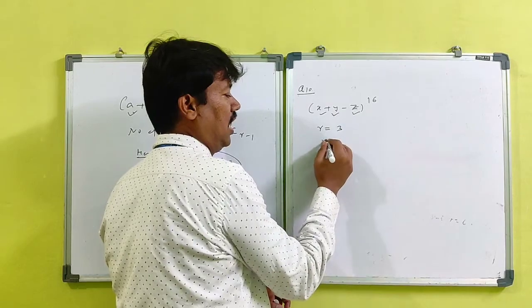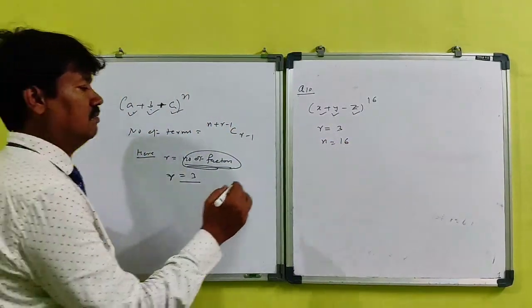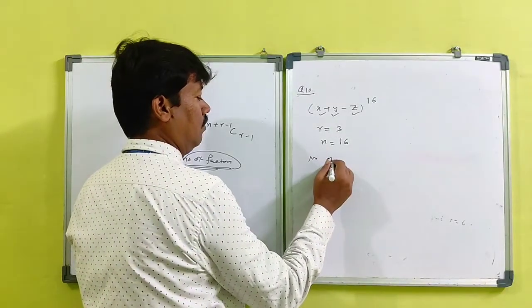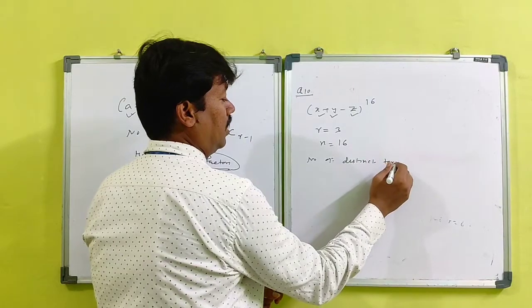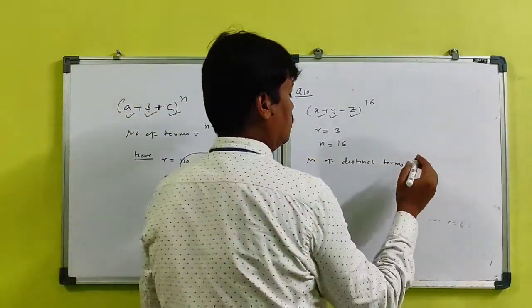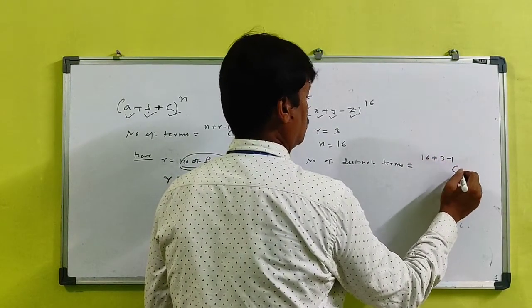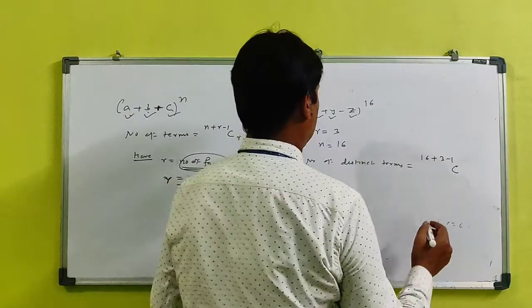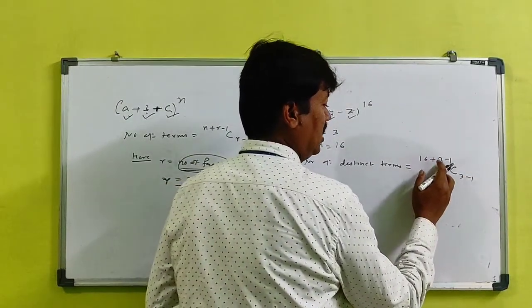So r is 3 and n is equal to 16. So the number of distinct terms will be given by n plus r minus 1 c r minus 1. So that is 16 plus 3 minus 1 c 3 minus 1. So 16 plus 3 is 19, minus 1.